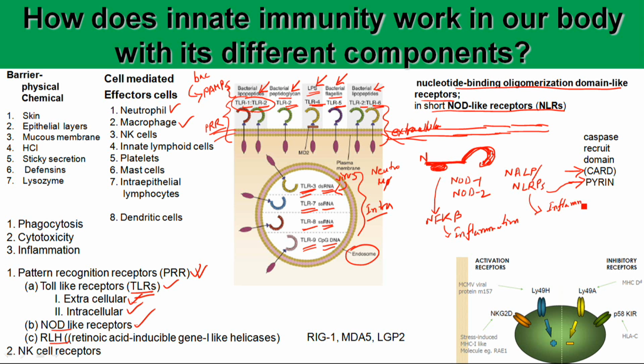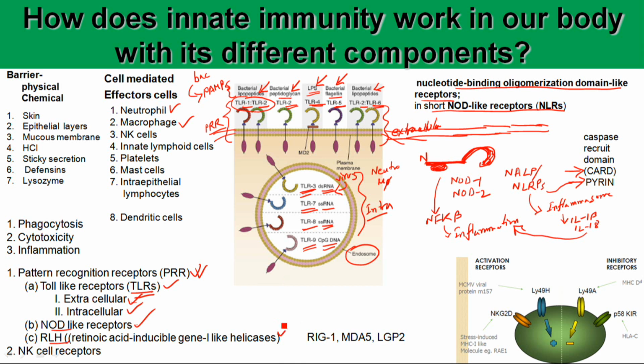Inflammasome is a big, large multimeric protein which is associated with the production of inflammation. And this multimeric protein, with the help of NOD-like receptor, produces interleukin 1 beta and interleukin 18, which in turn produce the inflammation, and they call for the help of different lymphocytes in the blood circulation.